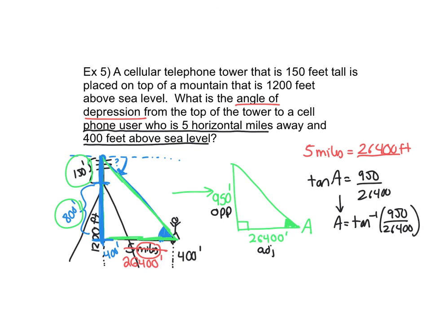Let's try that here real quick. Inverse tangent of 950 divided by 26,400, and I'm going to get an angle of about 2.06 degrees. So the angle I'm looking for is 2.06 degrees, and keep in mind that's the same as the angle of depression that I was looking for.